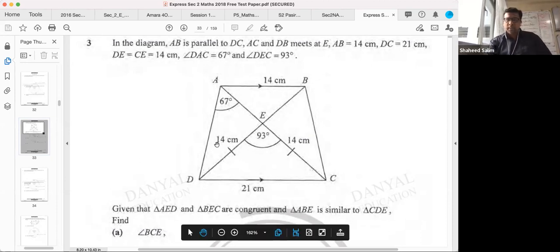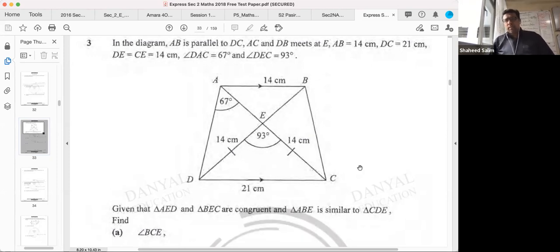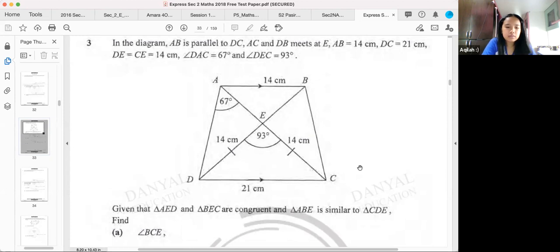They tell you AED and BEC are congruent. Is the answer 26? 26, well done.